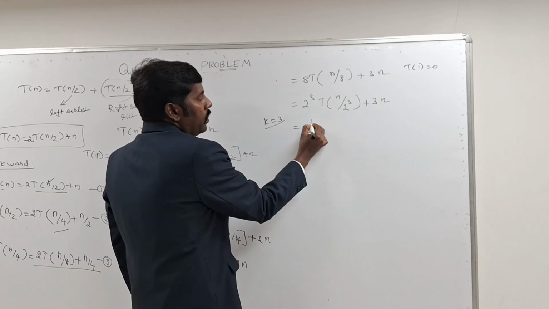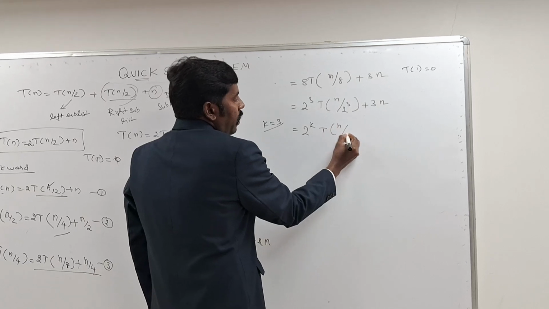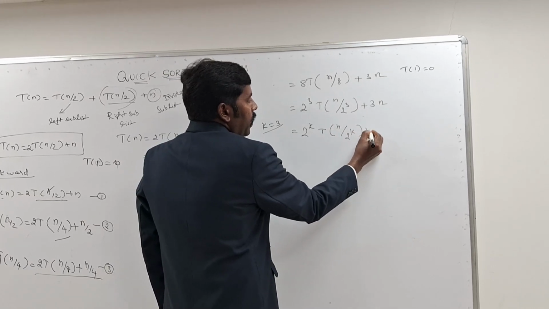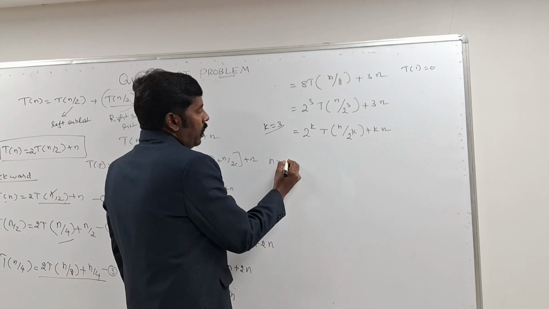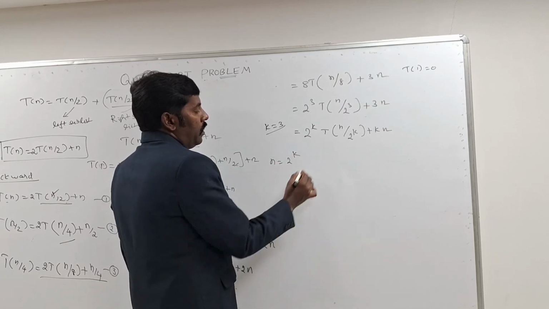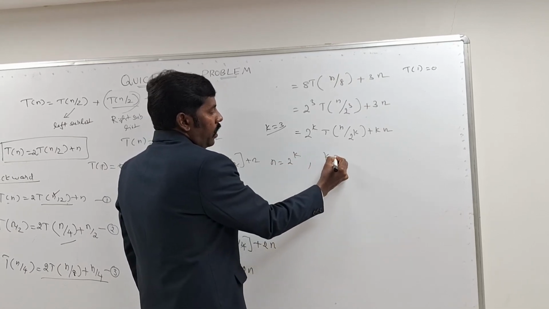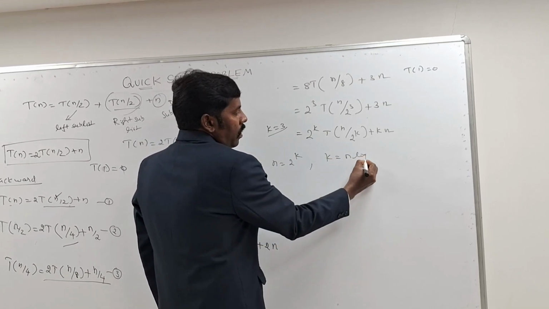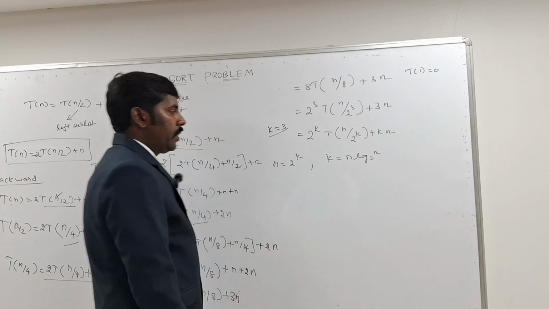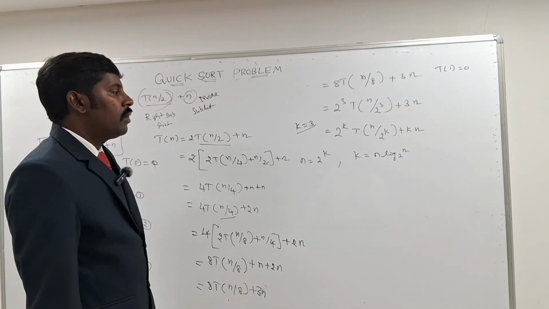So 2^k T(n/2^k) + k·n. Right? Now you take n equal to 2^k, then k equals log base 2 of n.